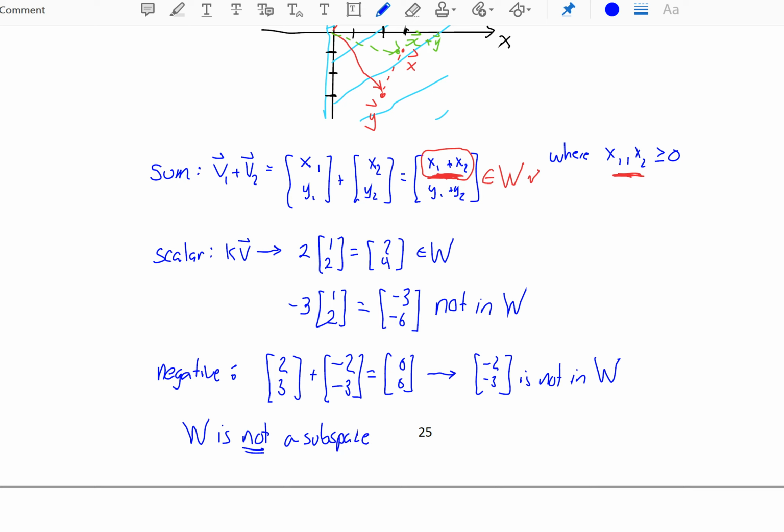While it does satisfy the closure of addition, taking 2 vectors in W, they will always stay in W, it fails the scalar multiplication property, and it fails the presence of a negative vector. So W is not a subspace.